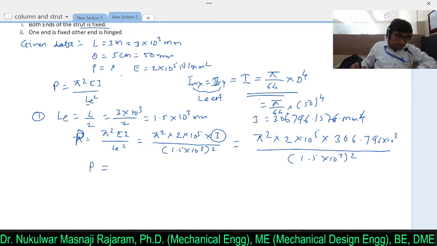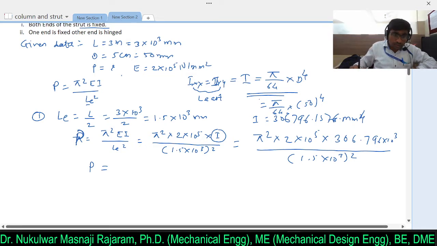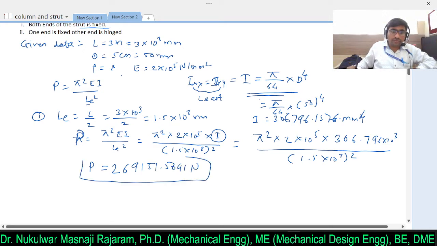So it is 269,151.5691 Newton. So this is the value for crippling or collapsing load when both ends are fixed.